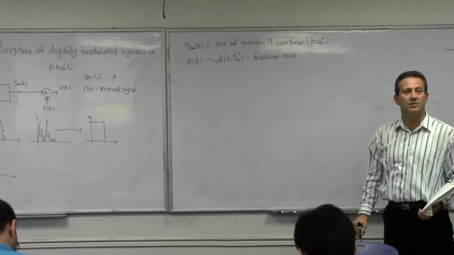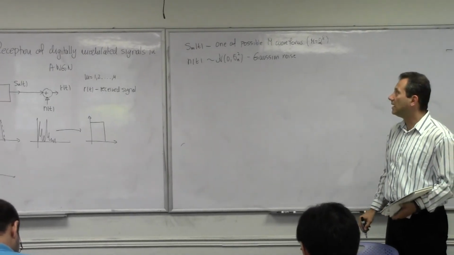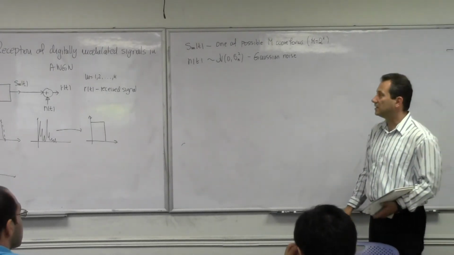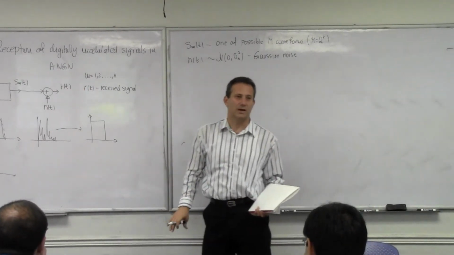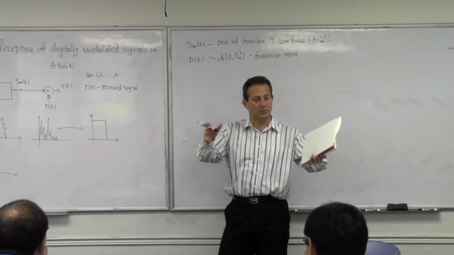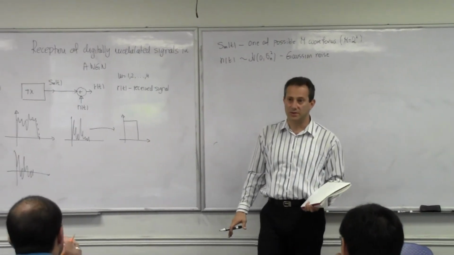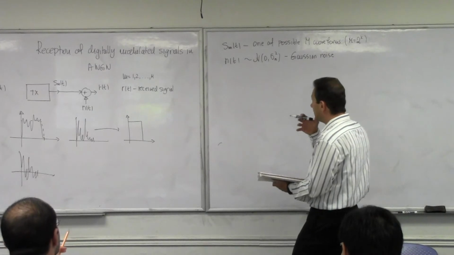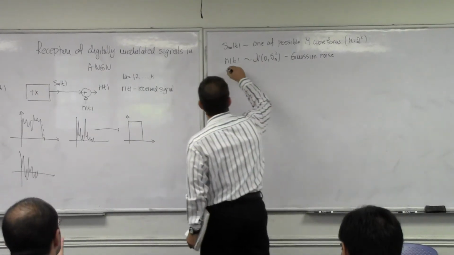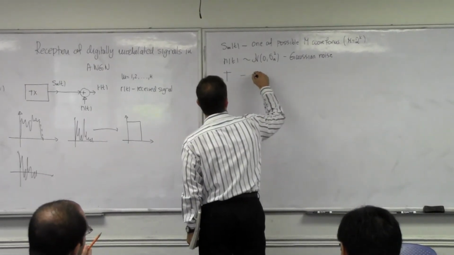It's white in the frequency domain, right? So its power is really infinite, but that's why we're always going to have some sort of filtering here before we try to recognize any one of the symbols, to reject most of the noise that is not co-channel with the signal. Now, here we're going to define something that I'm going to call capital T, which is going to be the symbol period.